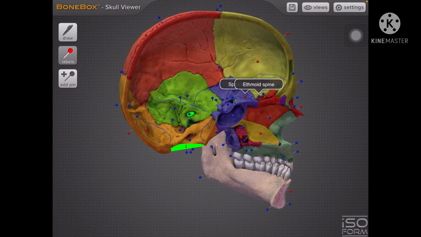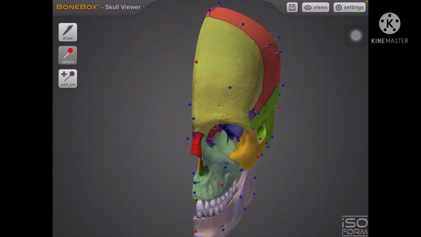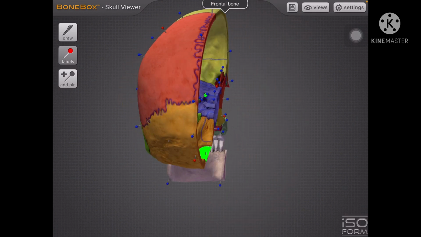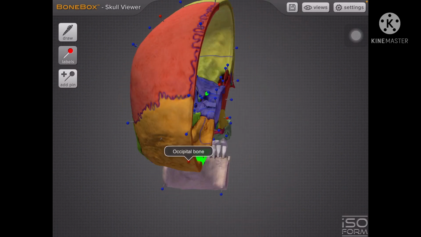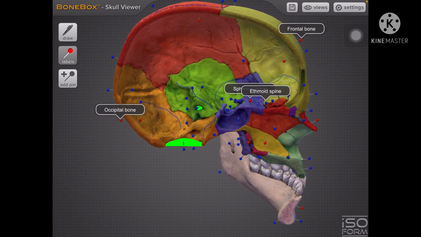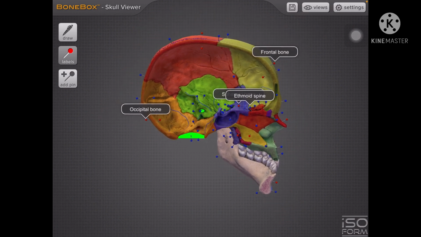These 4 are unpaired bones of the calvarium. I will repeat again: frontal bone, occipital bone, sphenoidal bone, and ethmoidal bone. These 4 are unpaired bones of the cranium or calvarium or brain box. You can call it by any of the names.